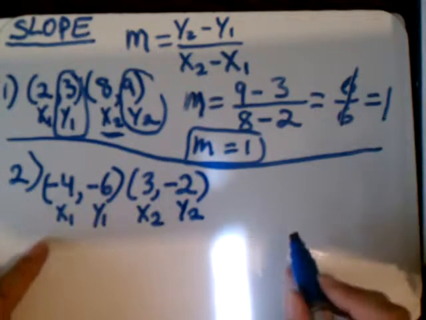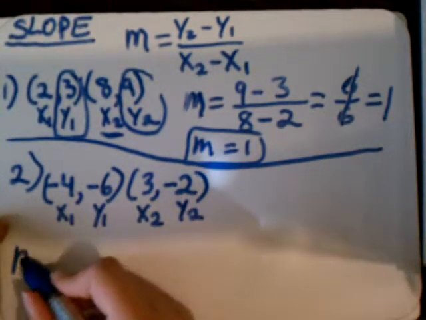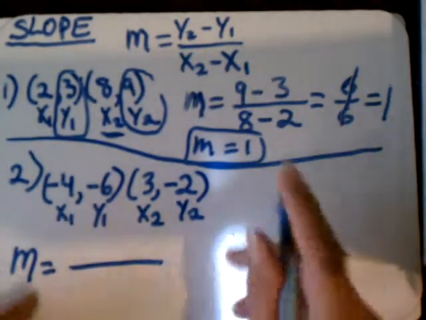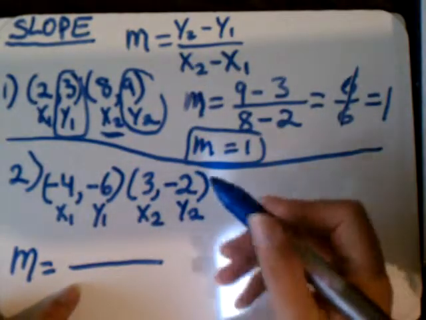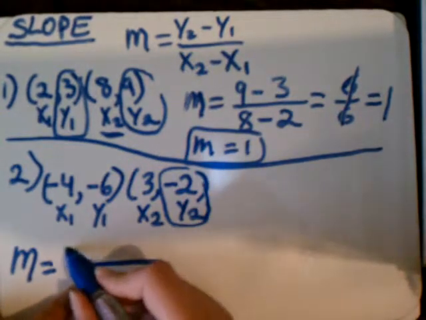Okay? I'm going to write my formula here. M equals, like you have it here. First, I'm going to use y2. In this case, it's -2. So -2.